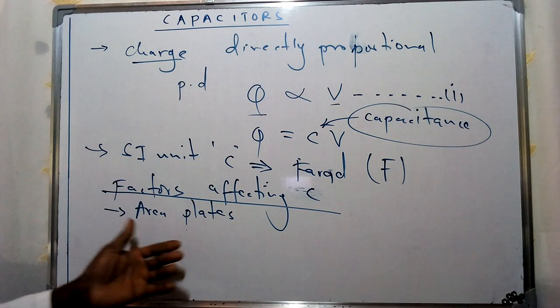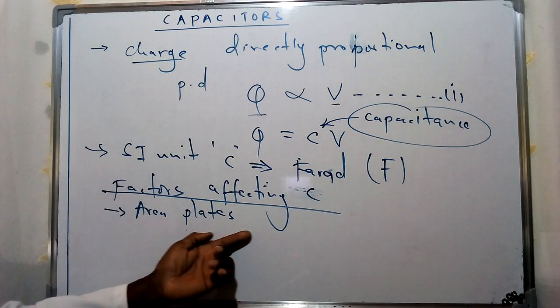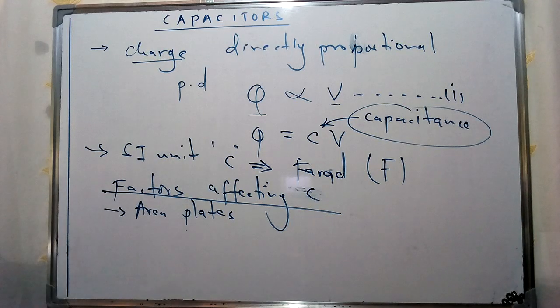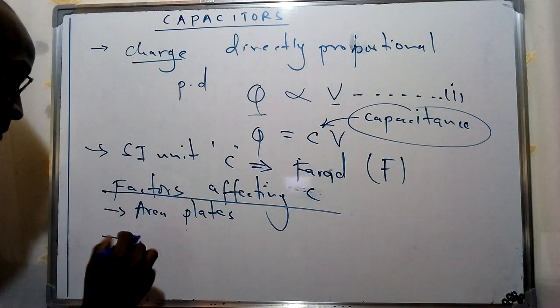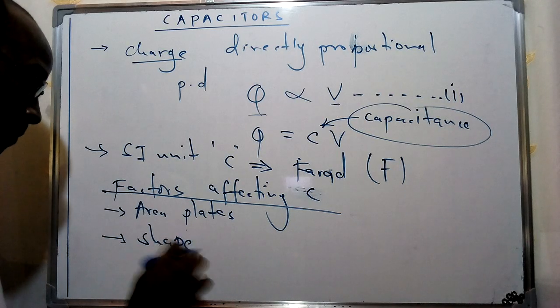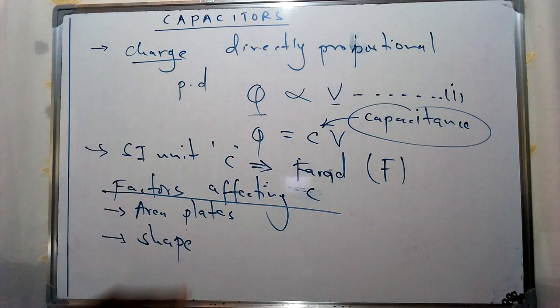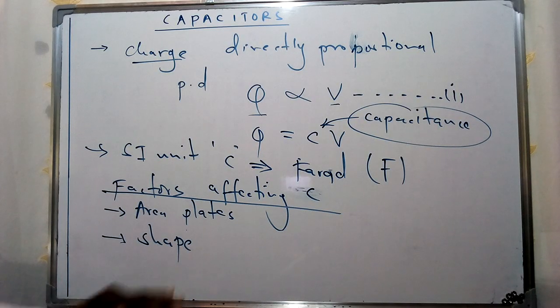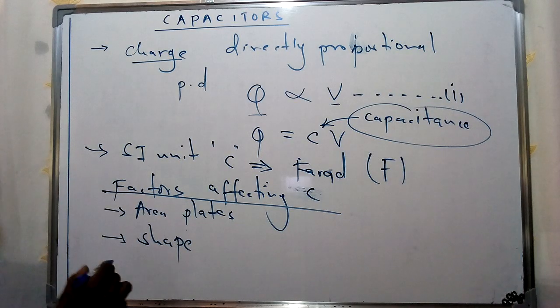So we have a direct proportionality relationship between the area of the plates and the capacitance, C. And of course, as we're going to see by giving some examples later in our discussion, the shape of these plates is also going to affect capacitance, and that's one of the major factors.